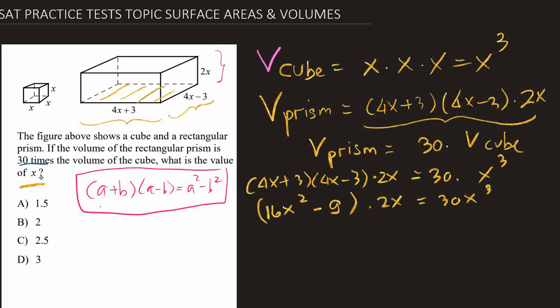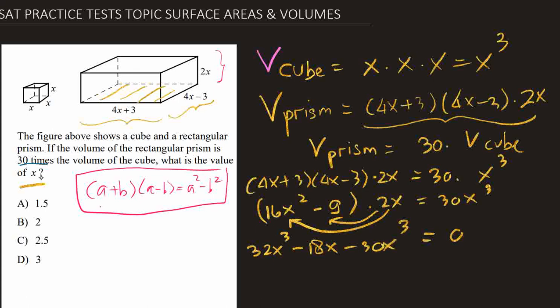Now let's move all the equation to one side so we can get equals 0. First we multiply this one first: 32x cubed minus 18x minus 30x cubed.